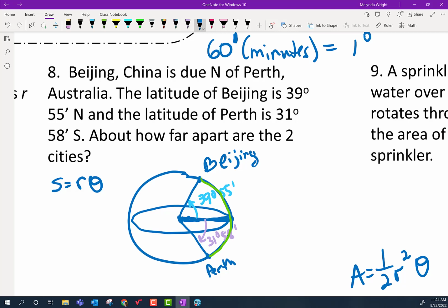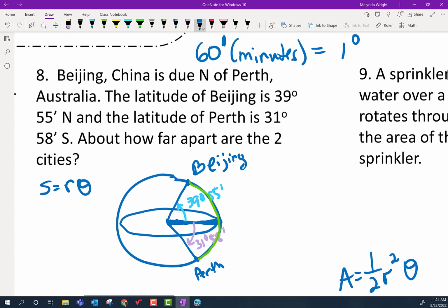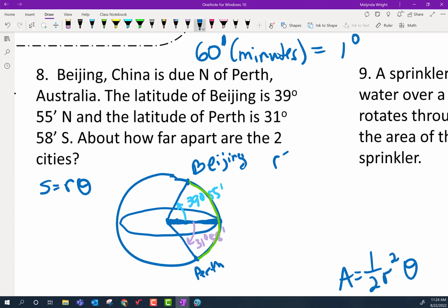The radius that we like to use for the Earth is 3,963 miles. Some textbooks like to round that to 4,000, and it'll tell you in the instructions if you're going to round. But the radius of the Earth is 3,963 miles.